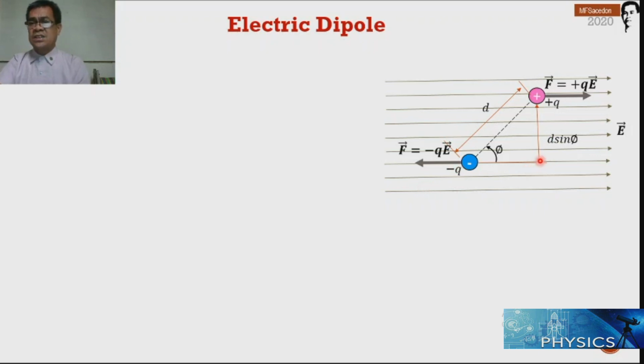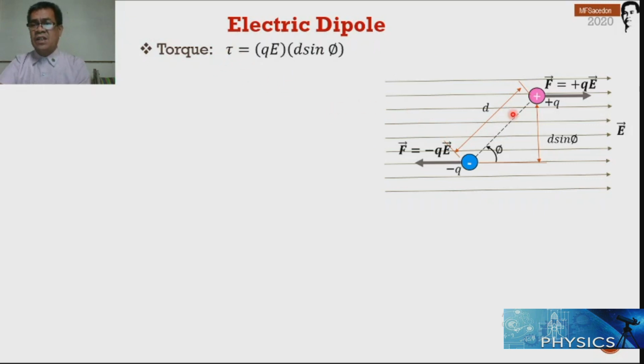So it has a torque arm with the amount of d sine P. It's because we have d as the distance between the charges and we have the angle P coming from the electric field. So this opposite side is d sine P. So how much is the torque? What will be the amount of rotation?